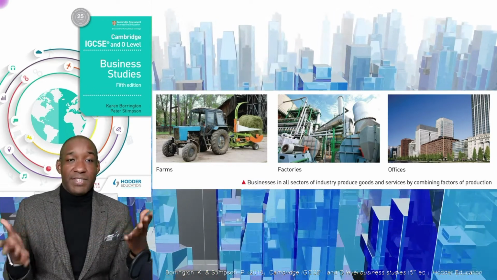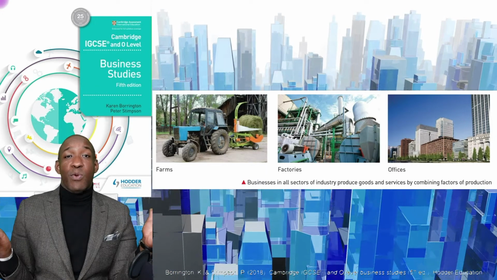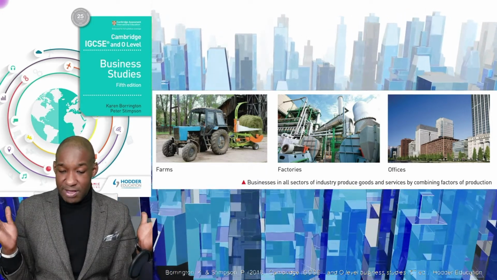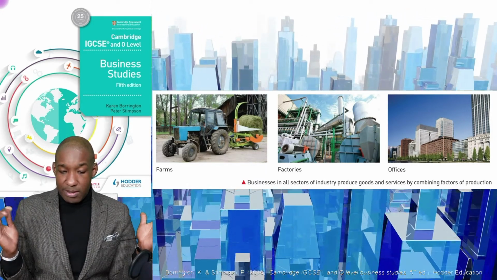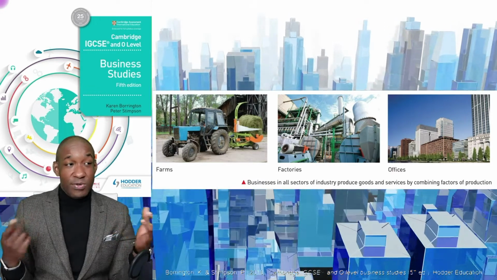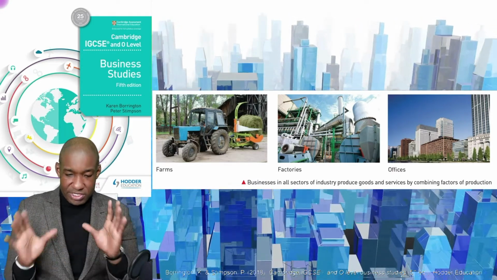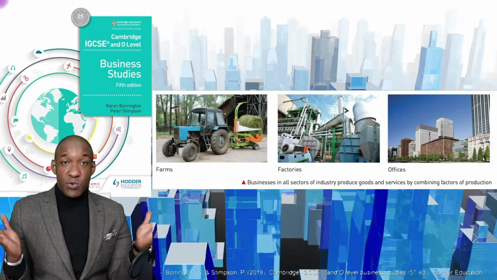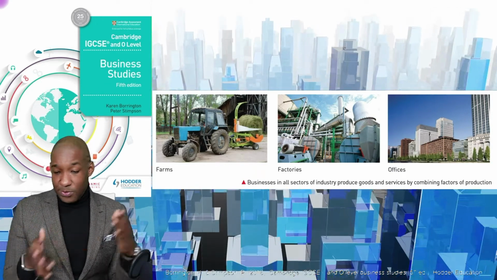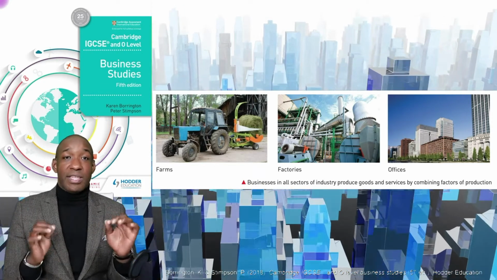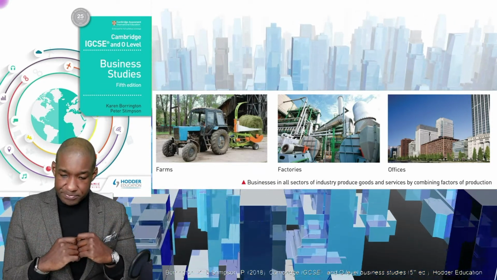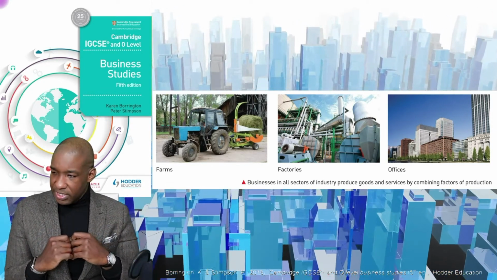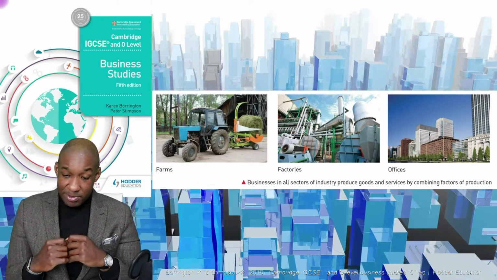Office workers, office, land. Office has to be built somewhere. There has to be some physical location for the office. We can even start discussing working from home, but for now, let's just leave it as a traditional office. Labor, office workers, people are working in that office, whether they're working physically at the office or at home, they're working. Labor. What did we say? We said land, labor, capital.